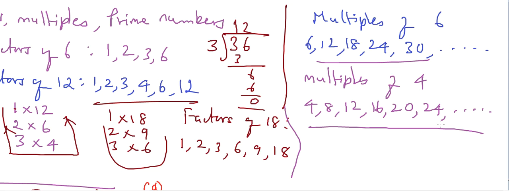Similarly, what are the multiples of 4 that lie between 20 and 30? Then we have 24 and 28, because we get 24, 28, 32 and so on. So multiples of 4 that lie between 20 and 30 are 24 and 28.